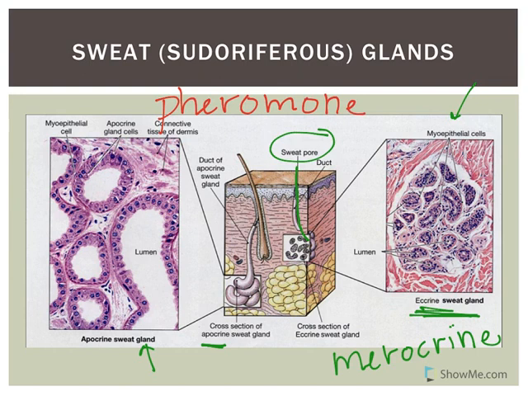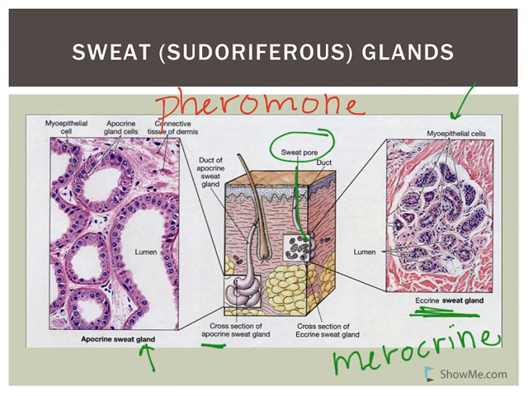Pheromones are kind of more like a mating type thing, telling the opposite sex that I'm ready for mating. Apocrine sweat glands are involved in what we call emotional sweating: anxiety, fear, stress, sexual stimulation. That's what's associated with the apocrine sweat gland.